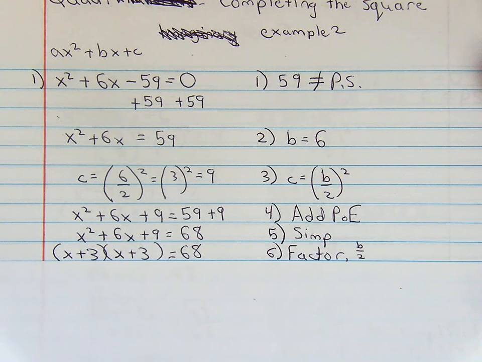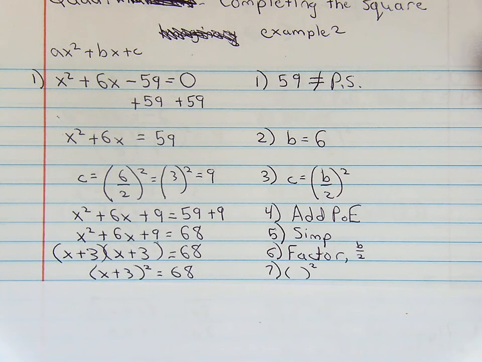So now that I have my rightful C over here, I can actually factor, and remembering that this value here is B divided by 2. So if you're ever not quite certain, you have to remember, well, 3 times 3 gives me 9, 3x plus 3x gives me 6x, and x times x gives me x squared. So that's my multiplying of the binomials, or my factoring of my trinomial.